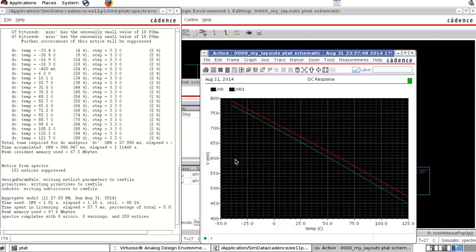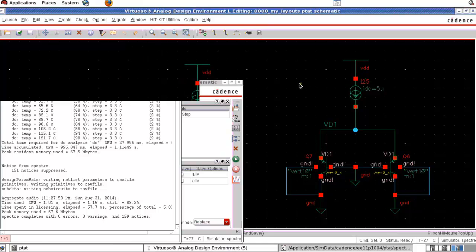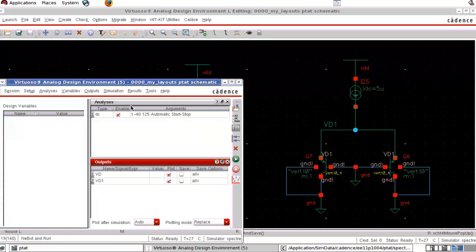So as we expected, both VD and VD1 are CTAT in nature, and we said to get the PTAT we should subtract VD1 from VD. That is, the difference between VD and VD1 is a PTAT. So now let's find that.